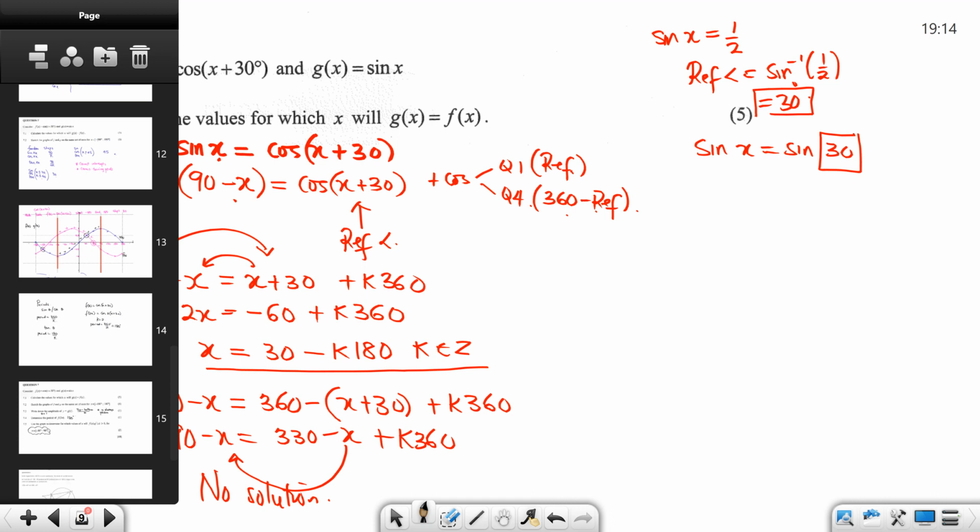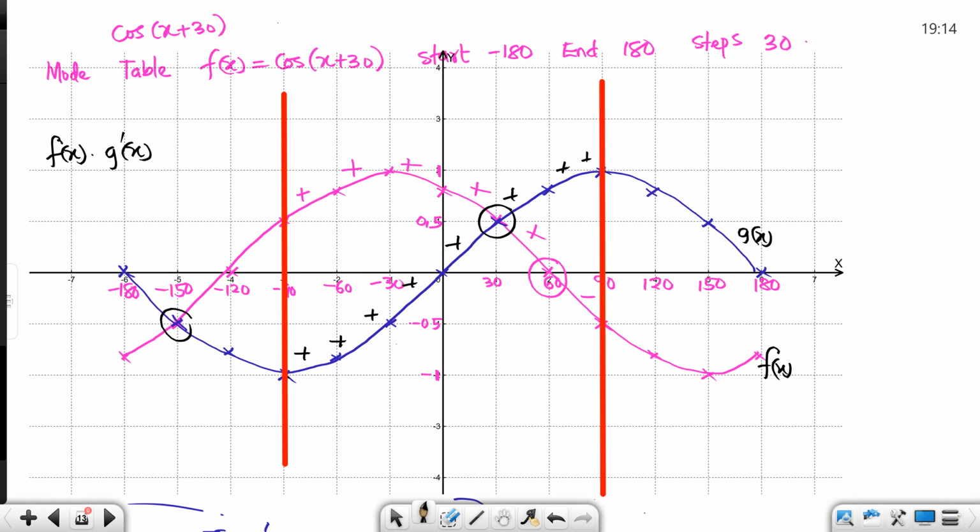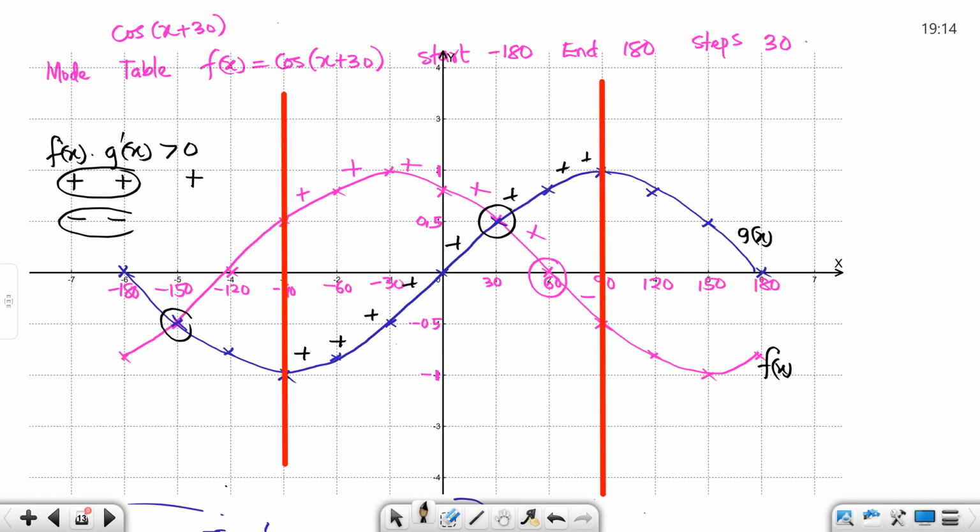Let's see. Where's the question again? Greater than 0. For it to be greater than 0, what are you looking for? It must be positive, right? But how do you multiply two things? Positive and positive, negative and negative. Let's check. Are they both positive somewhere?